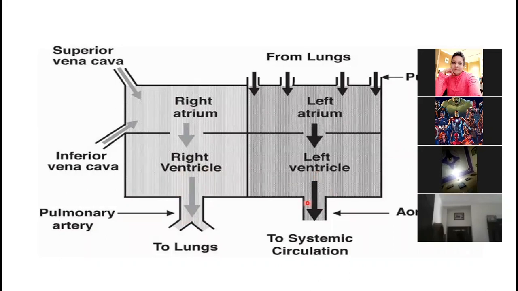As you can see, they are distributing blood either to the lungs or to the body through aorta or pulmonary artery. So the blood pressure in the ventricles is higher than the blood pressure in the atrium. That's why to accommodate that higher blood pressure, the ventricle walls are thicker than the wall of atrium.